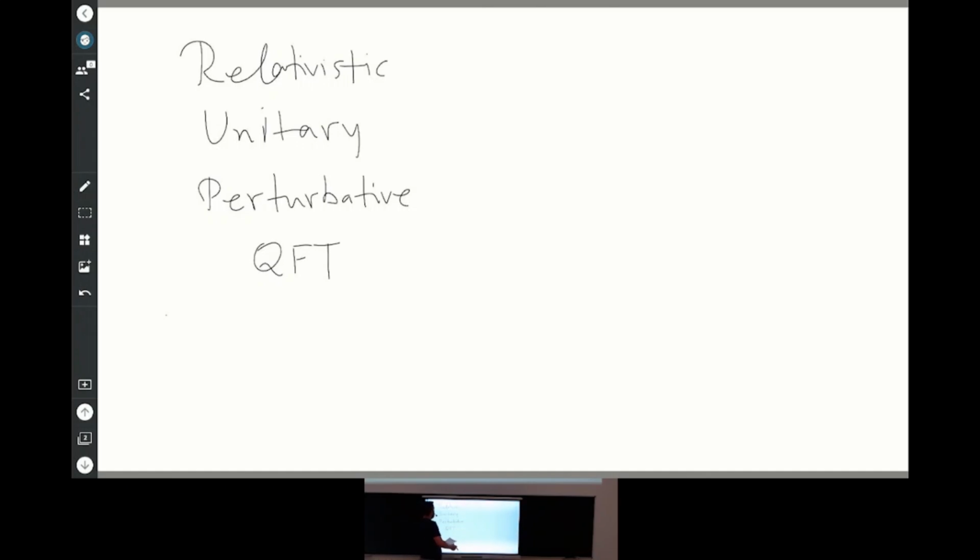And the standard picture we have in mind when we discuss renormalization group flows in this setting is that we have some ultraviolet CFT. A lot of the time in the perturbative setting, this ultraviolet CFT is free, but it doesn't have to be.